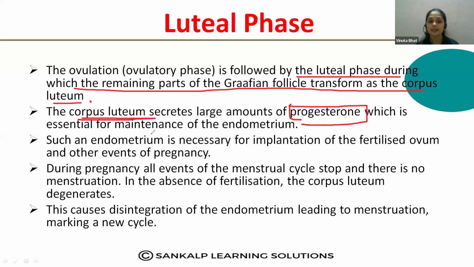And estrogen is released by the growing follicles in the release ಆಗತ್ತೆ. And this endometrium is necessary for the implantation of the fertilized ovum and fertilized zygote and other events of the pregnancy. Progesterone ಅನ್ನ pregnancy hormone ಅಂತಾನು ಕರೀತಾರೆ.